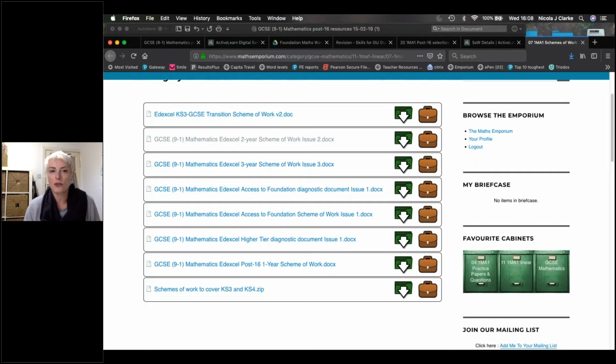So that's quite useful to have a look at as well, in terms of getting everything covered. But the 1 year was developed with the post-16 in mind, focusing on the application of some of the skills that students have come with and need to build on.